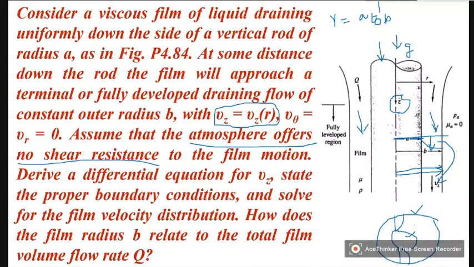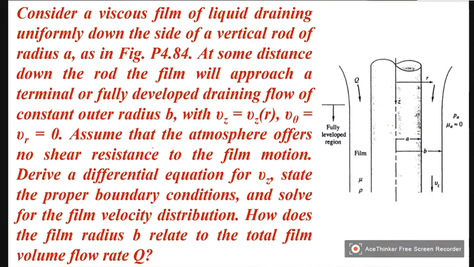What are we discussing? We are discussing the variation of Vz with respect to r. What is r? This radius is r.